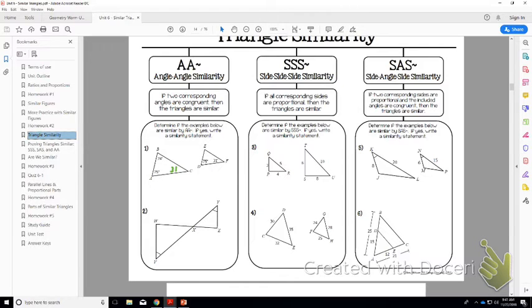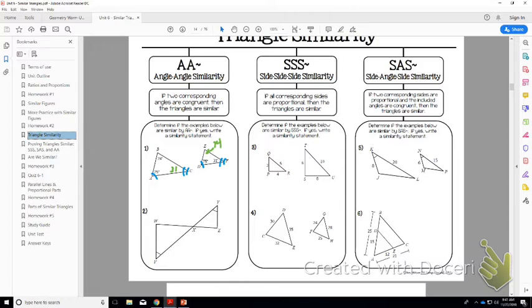Now I want you to compare the two triangles. Do we have two sets? Yes, we do. So let's mark them. We've got A and D, and now we have C and F. So what's the measure of angle E? 74. And that's how it works. I'll put 74 in there.